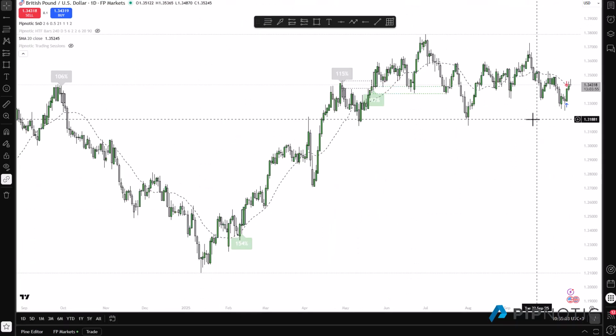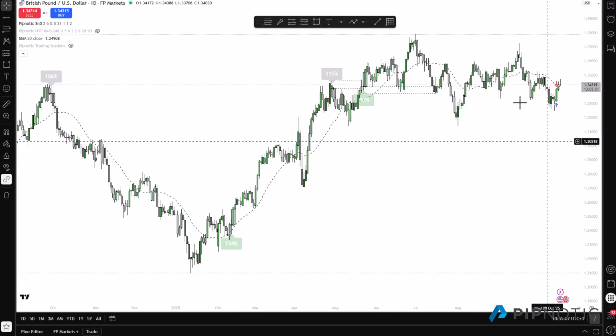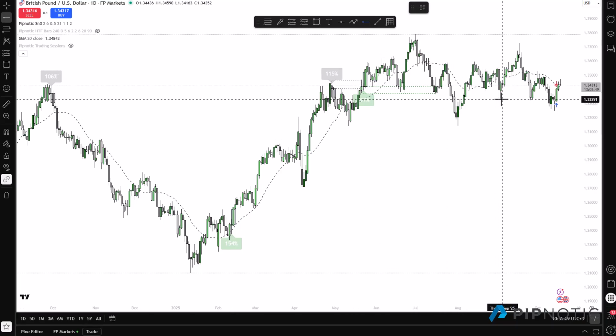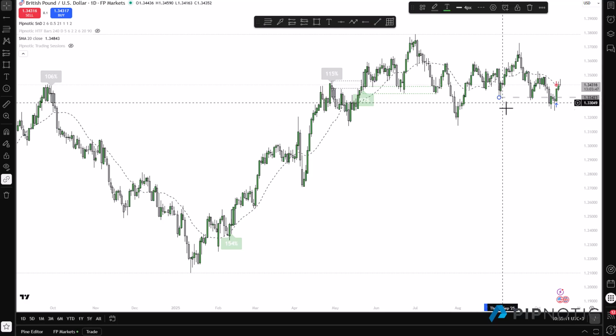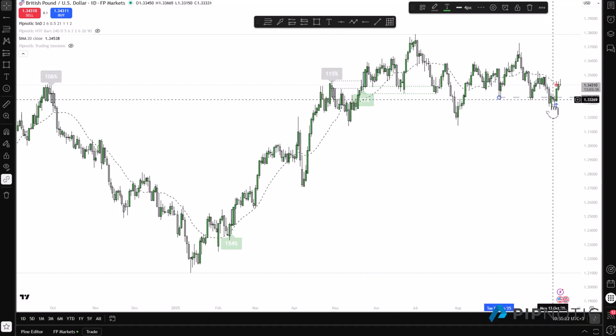If we look for time-based liquidity here, we would be looking at these lows here. When price comes back to that on the higher time frame, we'd be looking for confirmation entries on the smaller time frame. We had a test once, second time we went through here. So where did price go to?